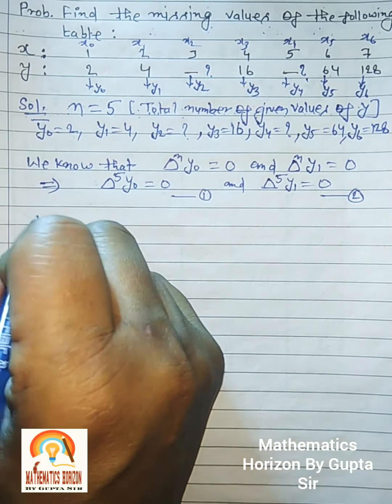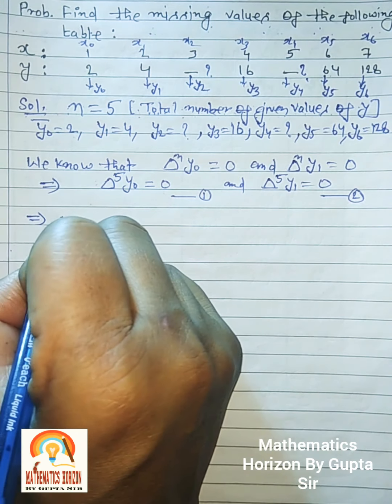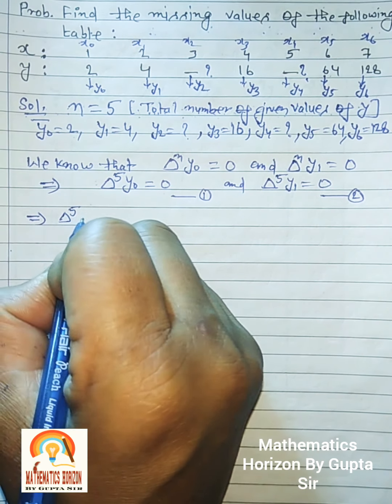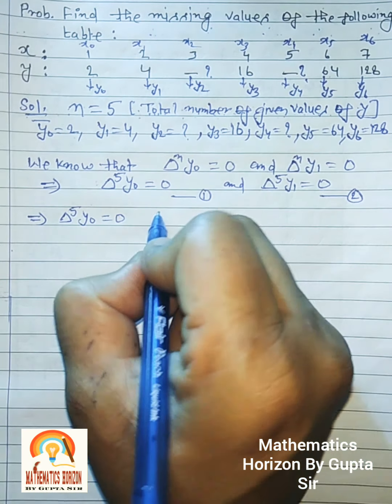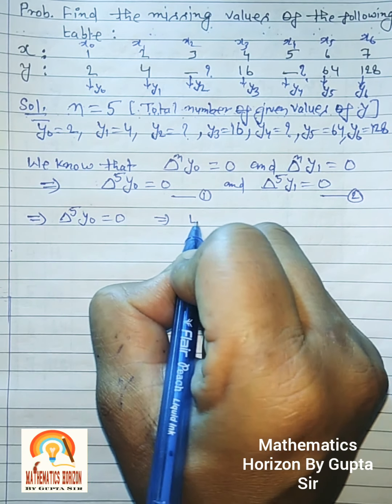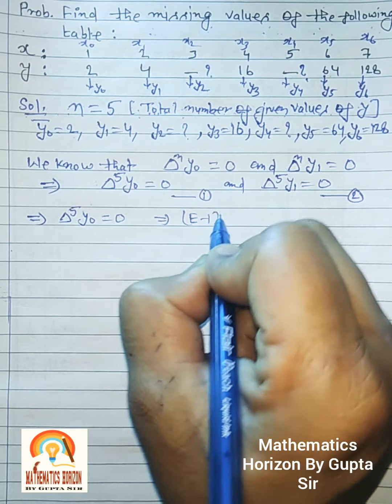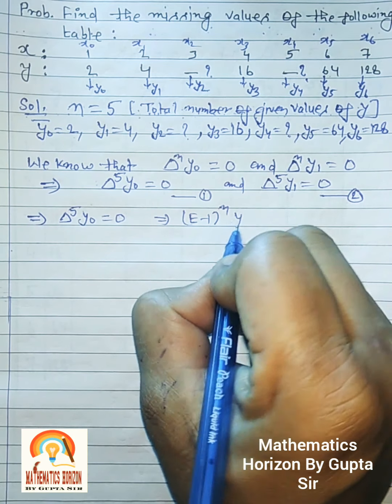Now, the first formula, del 5 y0 equal to 0. Here del equal to E minus 1, which is the relation between the forward difference and shift operator.